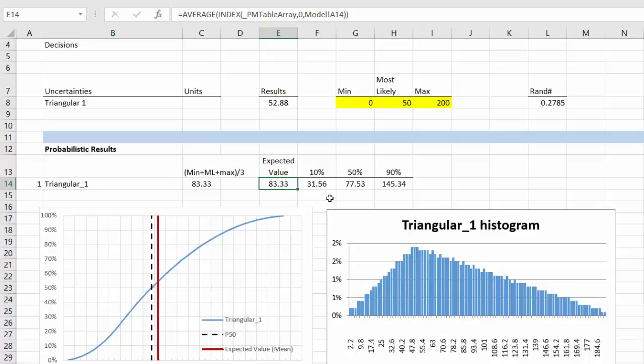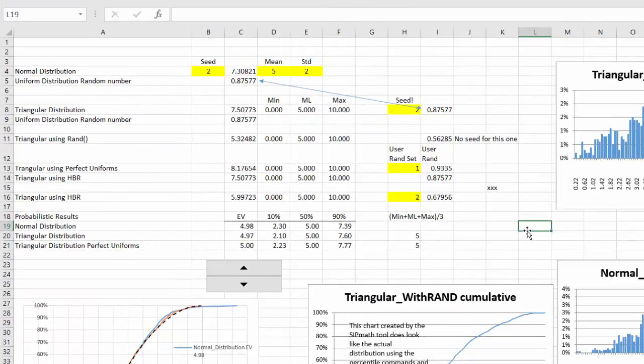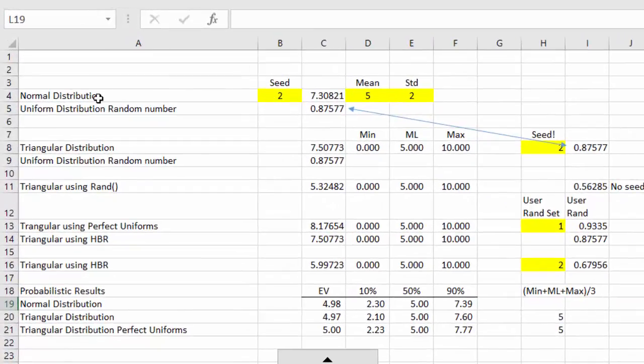Let me add one more point about the triangular distribution. In this model, I am modeling a normal distribution with a mean of 5 and a standard deviation of 2.